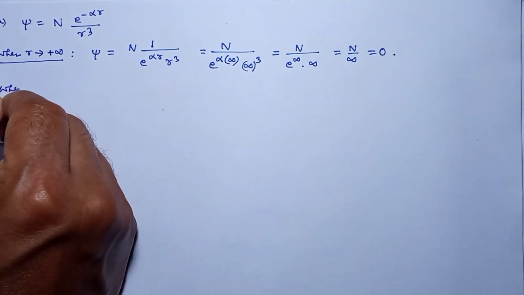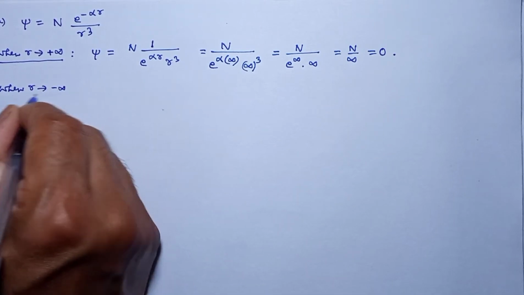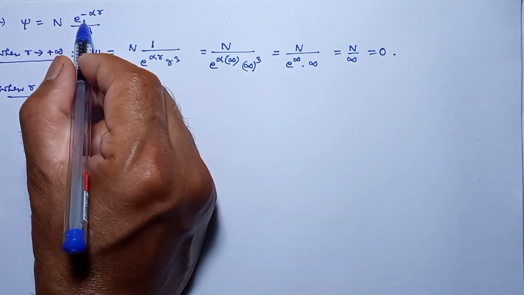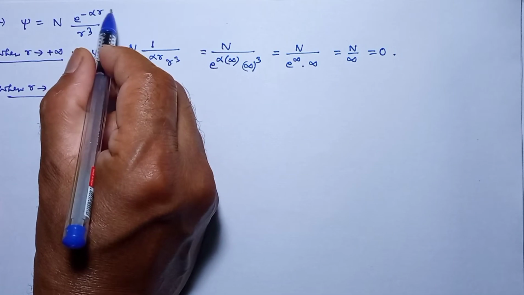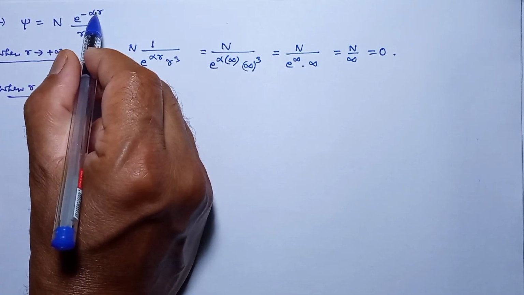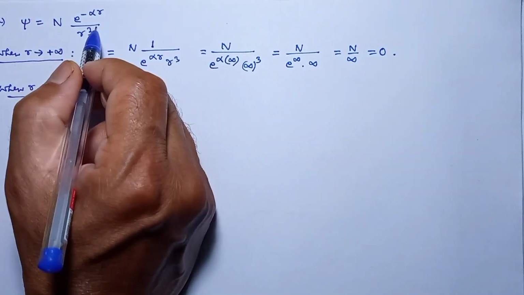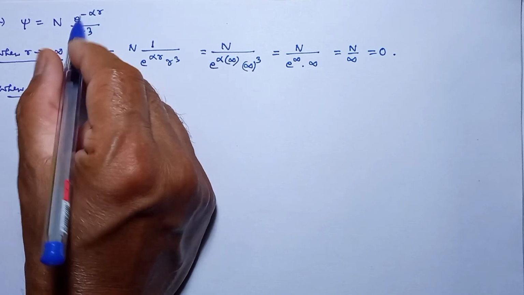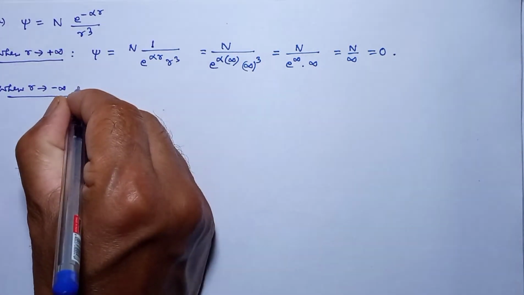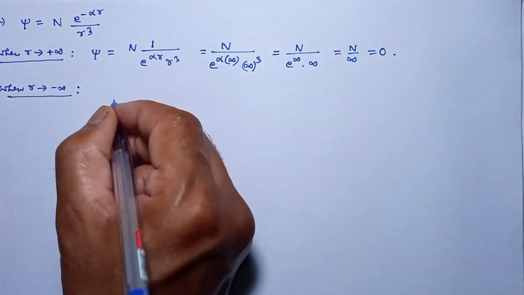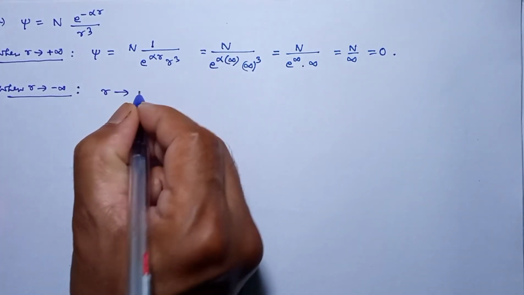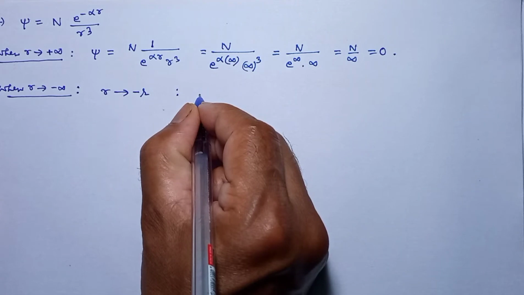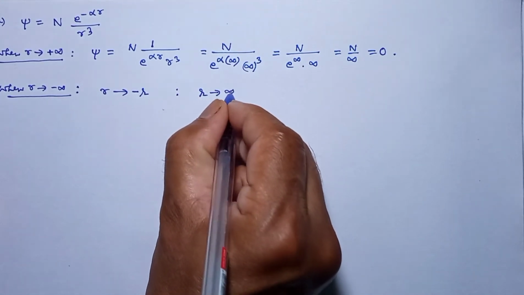For r tends to minus infinity, here when you put it, r tends to minus infinity, that is e raised to the power infinity divided by minus infinity to the power cube. So infinity upon infinity to the power cube. So that creates a problem. For that we change this r by minus capital R and then take the limit of capital R to be plus infinity.